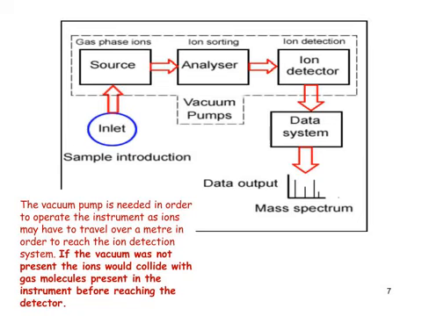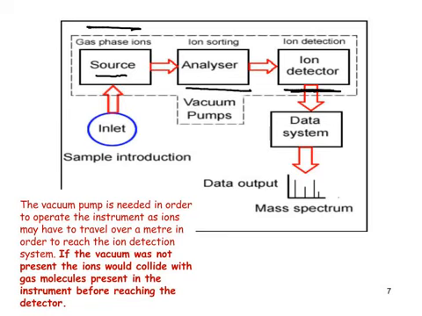A little more detail is brought out by this slide. First of all, let's look at the flow chart. We vaporize the molecules, so they're in a gas phase. That's our source. Then we've got essentially the analyzer, where we have the electromagnetic fields separating out the positive ions.